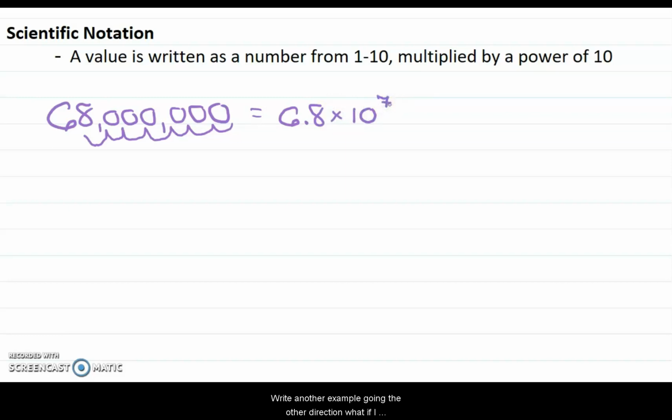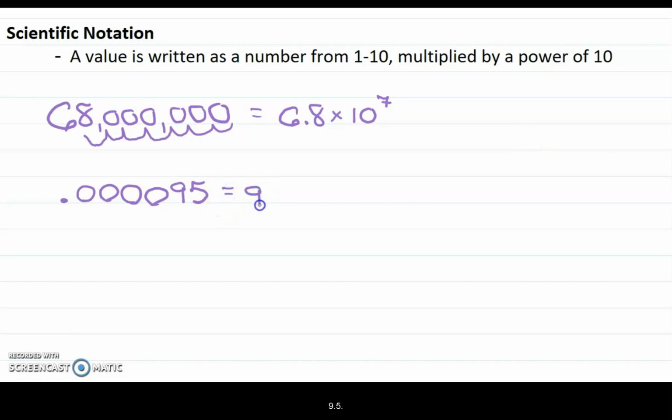All right, another example going the other direction. What if I had a number like this? 0.000095. All right. Again, I'm going to express this as a value between 1 and 10.